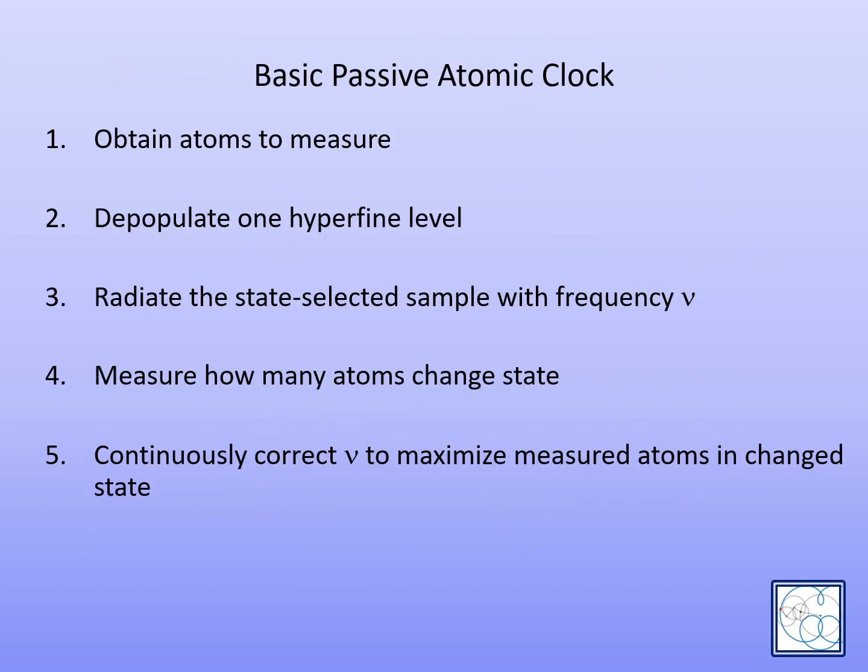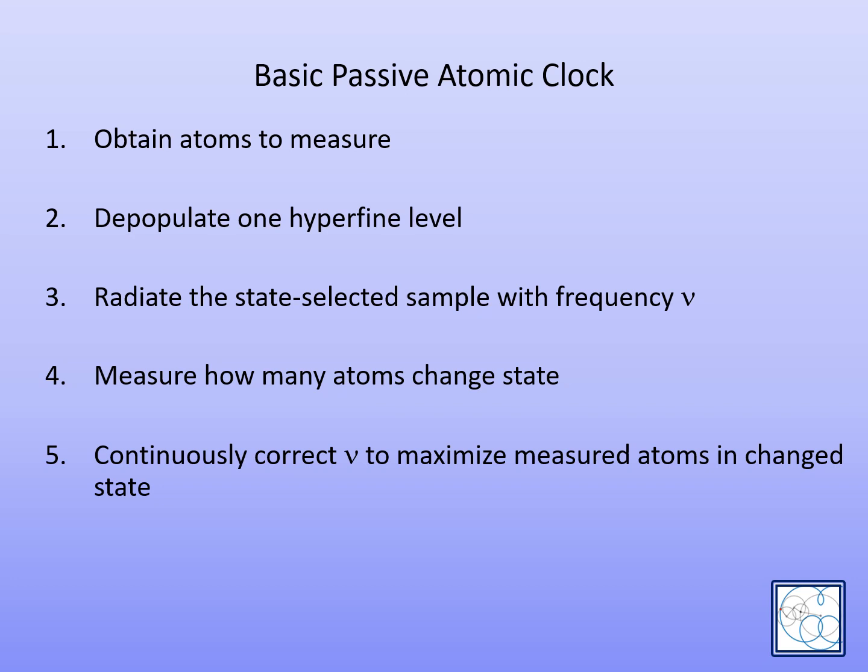The basic passive atomic clock works as follows. You get the atoms that you want to measure in some place, in some form. You depopulate one of these hyperfine levels and then radiate them with a frequency nu that approximates the transition from one level up to another level.